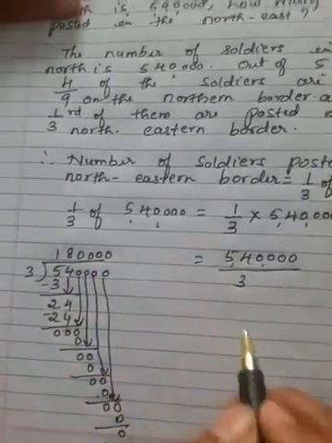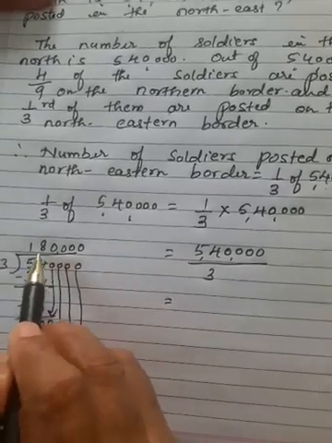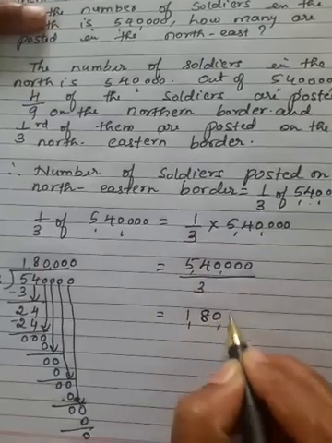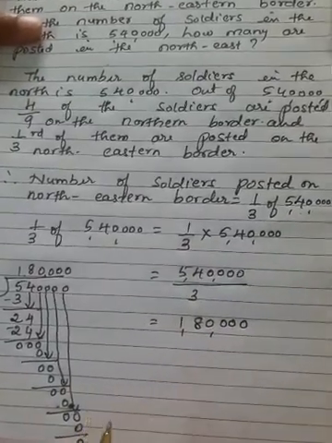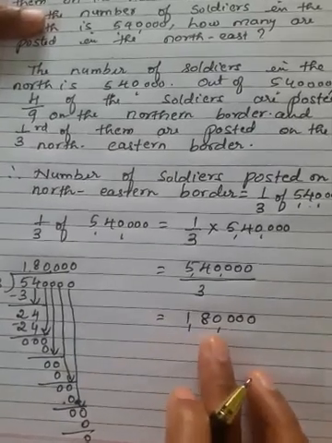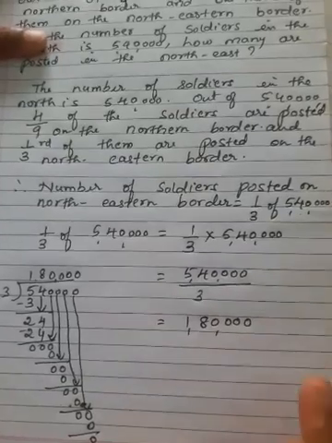So what is the answer we got if we divide 5,40,000 by 3? We got 1,80,000. So that means 1,80,000 soldiers are posted on the northeastern border.